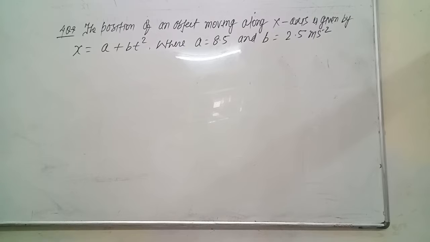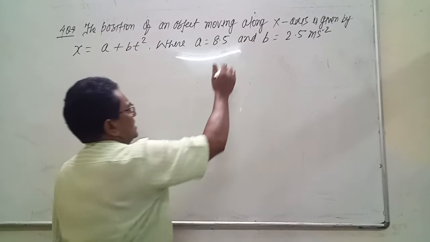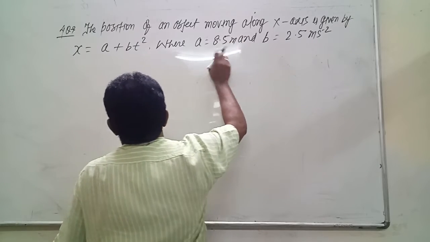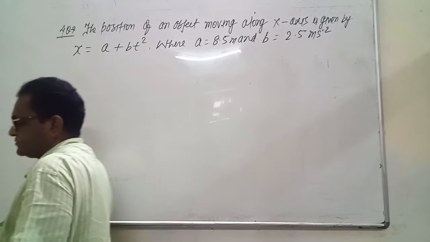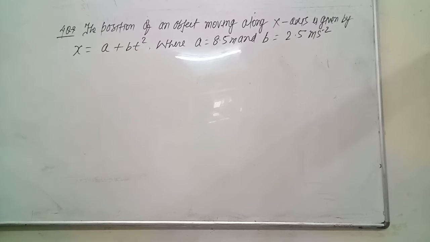A is 8.5 meter and b is 2.5 meter per second square. Means a is the distance and b is the acceleration. And t is measured in second.